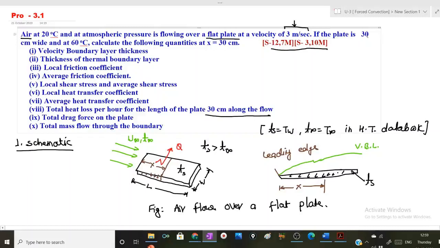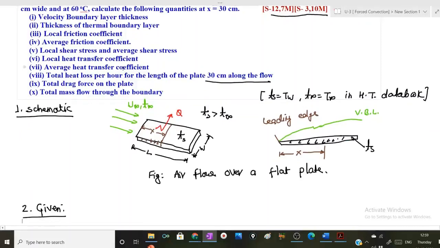Local distance x is given. And plate temperature is given. So fluid temperature is given T infinity as 20 degrees Celsius. Fluid velocity as 3 meter per second.